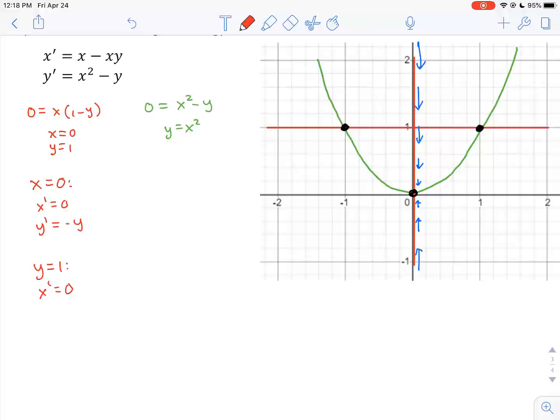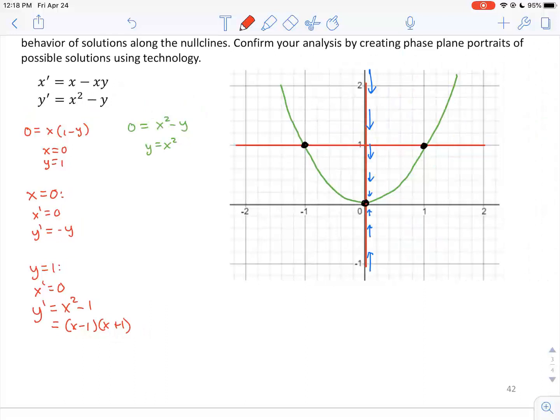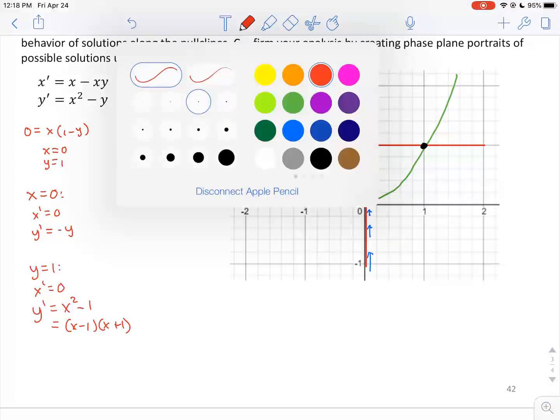We get y prime is equal to x squared minus 1, which we could factor as x minus 1 times x plus 1. Okay, along the red horizontal line, again, we only expect vertical movement because y prime is non-zero, but x prime is 0. So no horizontal movement anywhere along that horizontal red line.